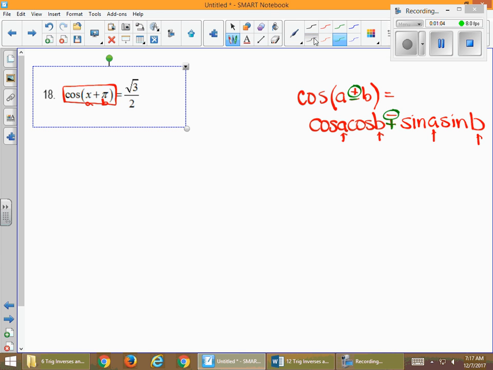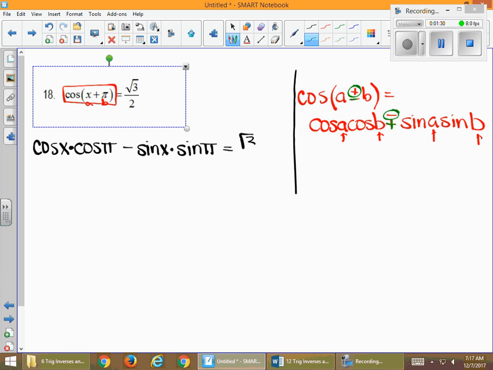So putting that to use there, I'm going to do cosine of x times cosine of pi. And I think it's helpful to break that up with that little multiplication symbol in the middle, just to remind yourself that you're going to put values in here in a minute. Minus sine of x times sine of pi. And this is all equal to radical 3 over 2.